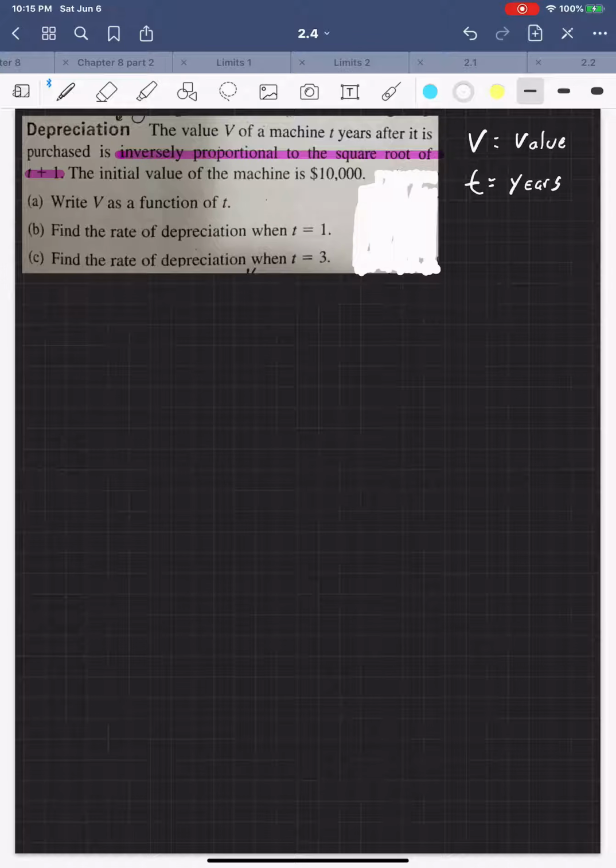Now, in the beginning of your math studies, statements like that can be confusing, but inversely proportional. So wait a minute. So the value V is equal to, well, it's inversely proportional to the square root of T plus 1.